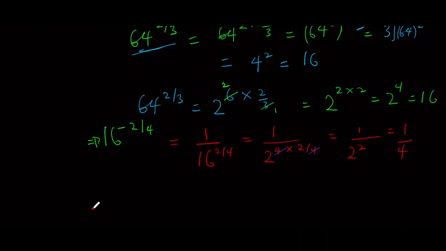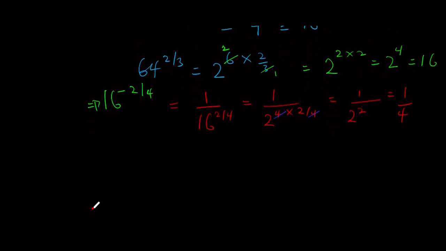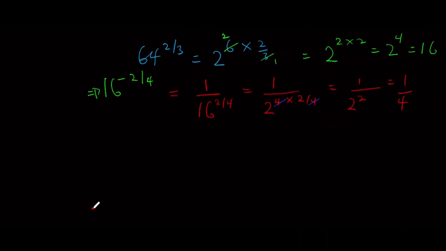Another approach to solve this question is by applying the law where 16 is written as 2 raised power 4. That will give us 1 over 16 raised power 2 over 4.